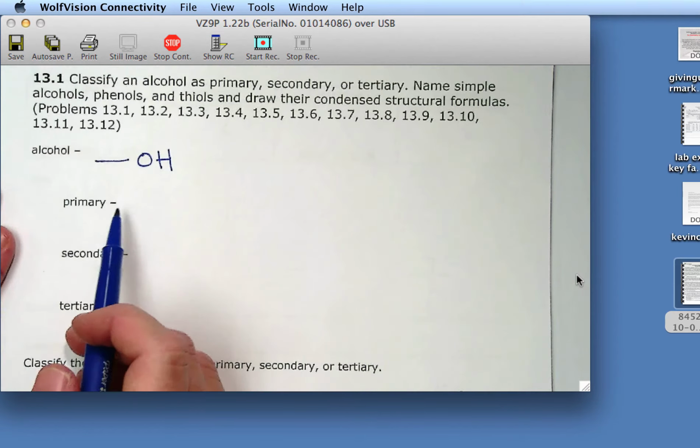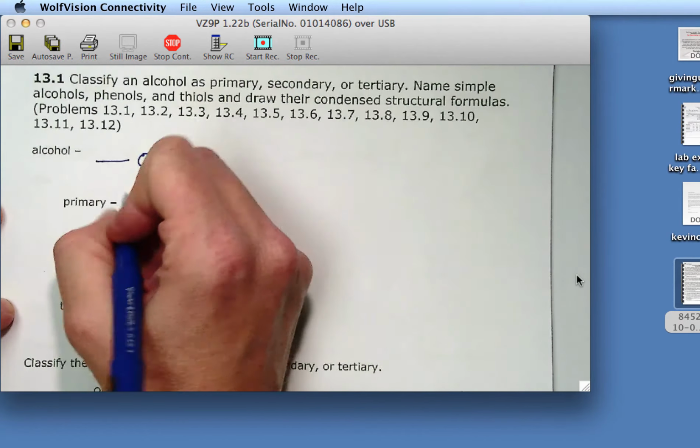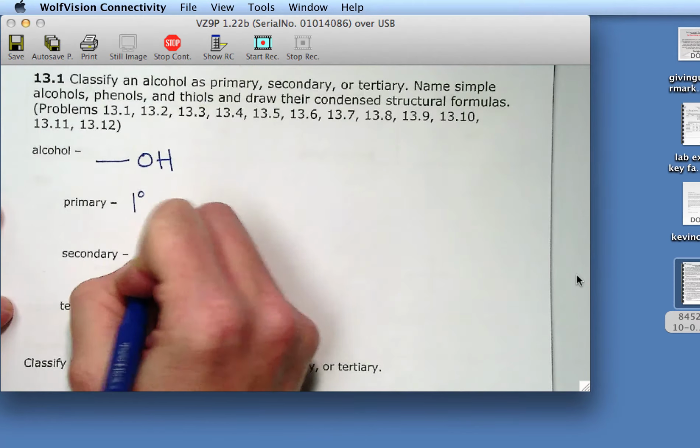Just like we learned how to classify carbons, primary, secondary, and tertiary, we're going to do the same thing with alcohols. This will really help you for reactions of alcohols. We will have a lot of reactions in Unit 4 as well.